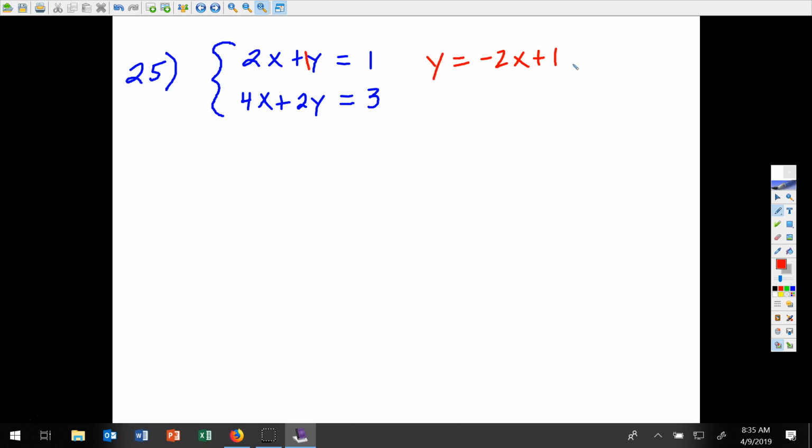Now, substitution also says after you've solved for a variable, then replace that variable in the other equation. So I'm going to come down here, and in place of the y in the second equation, I'm going to put -2x plus 1. And we'll be solving for x.